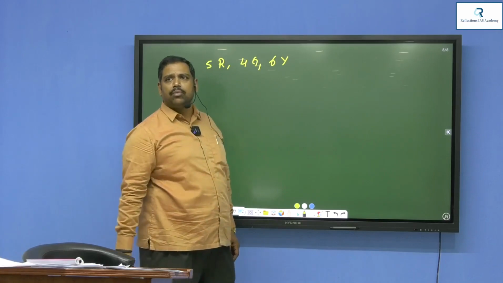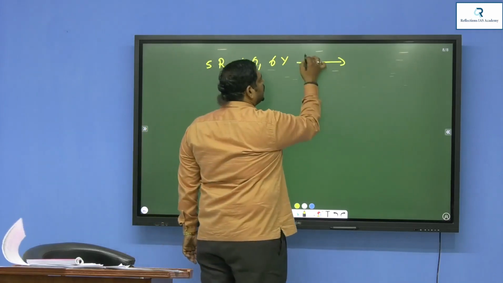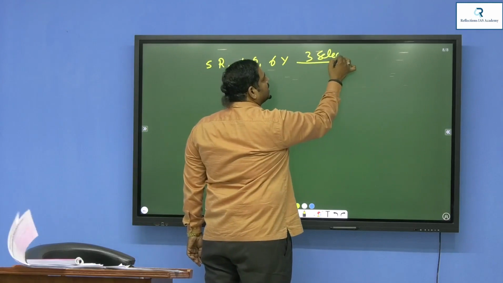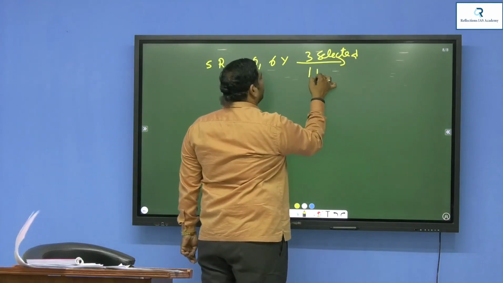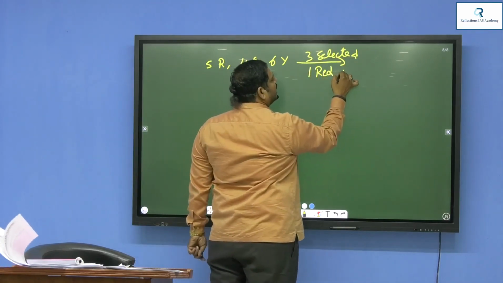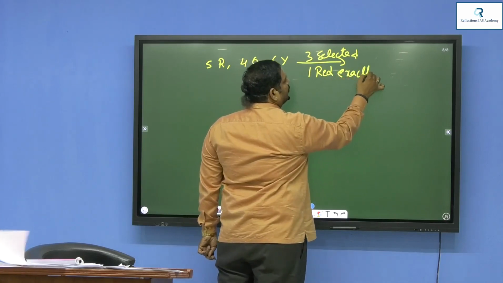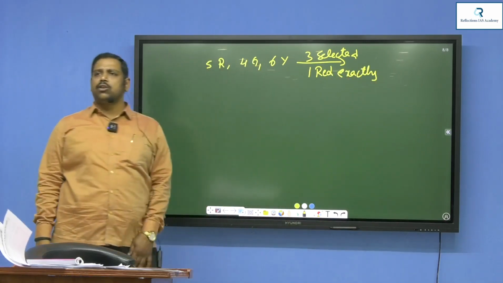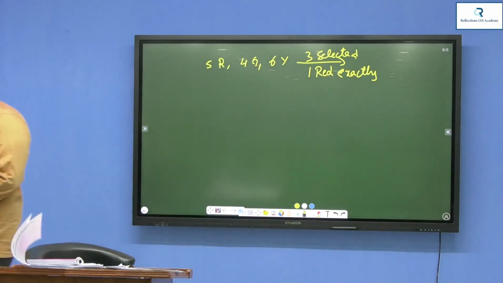I want to select 3, and there should be exactly 1 red shirt. How many ways can you do it?